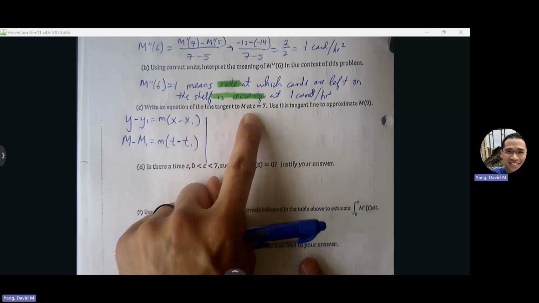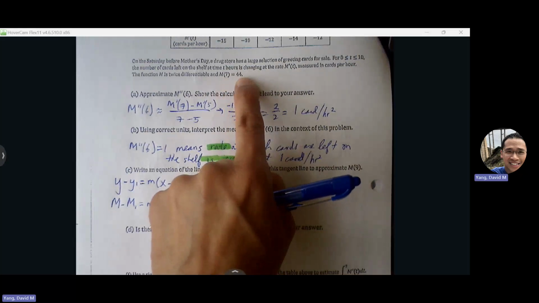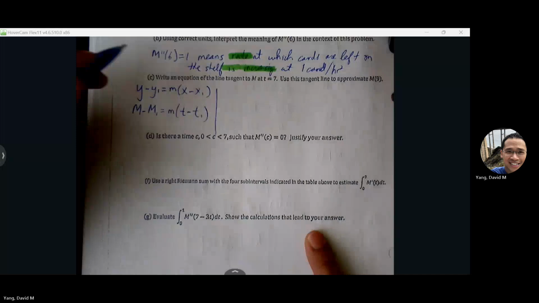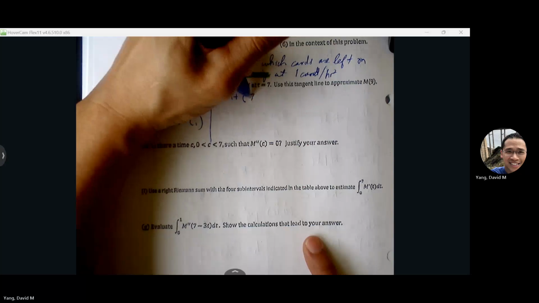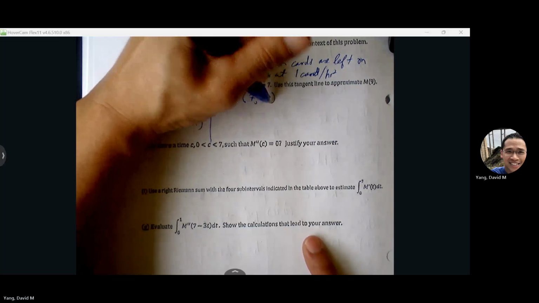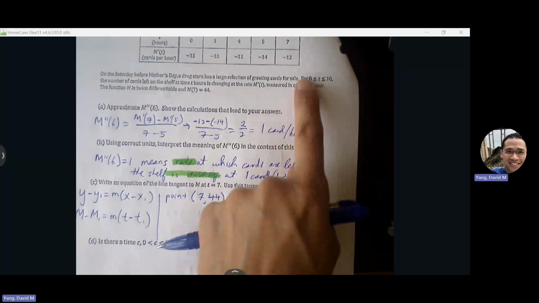Write an equation for the line tangent at t equals 7. We have ordered pair 7, 44 that we can use. We know the slope is going to be m prime of 7, which is negative 12.